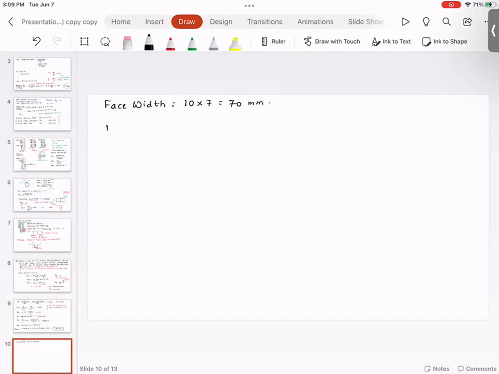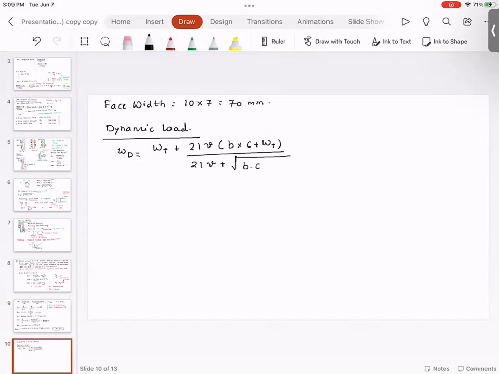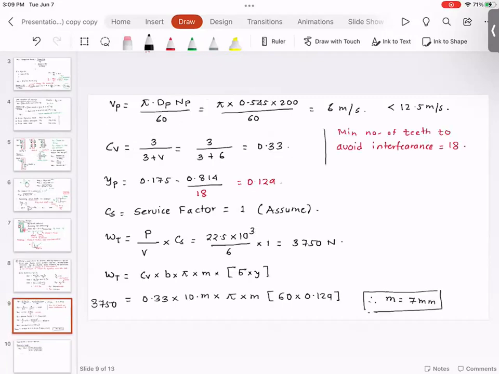So dynamic load, WD, is WT plus 21V times C, which is WT plus square root of 3750.